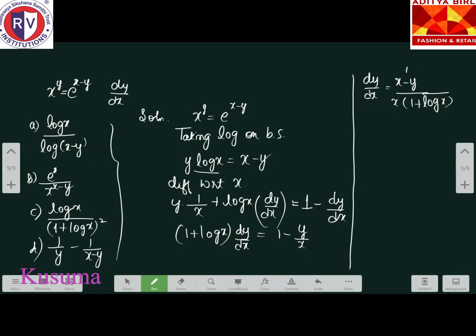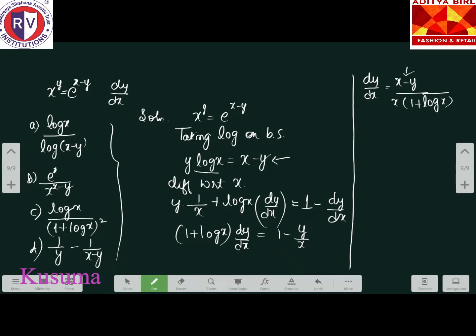So here there is x minus y, right? What is x minus y here? y log x. So we can replace x minus y by y log x. Here we also have x into 1 plus log x.